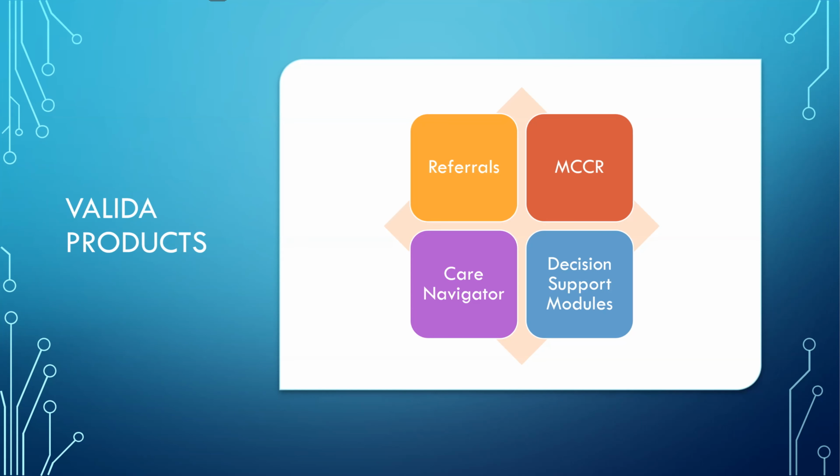I mentioned before we have a solution set around electronic referrals. Providing good quality referrals from primary care into secondary care is a challenge in most jurisdictions as far as we have seen.